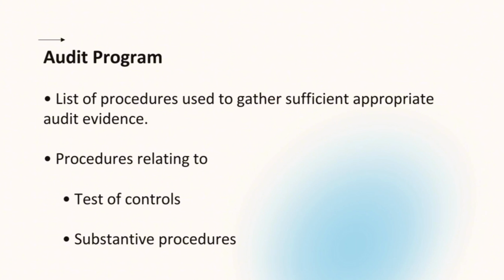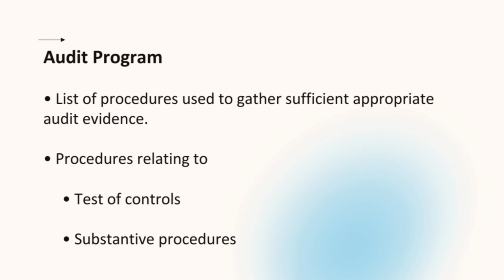Audit program. List of procedures used to gather sufficient appropriate audit evidence. So this is the comprehensive list of all the steps the auditor takes to gather evidence. So the goal is to obtain enough high-quality evidence to support the auditor's opinion on the financial statements. Procedures relating to tests of controls and substantive procedures. So in tests of controls, these procedures evaluate the effectiveness of the client's internal controls.